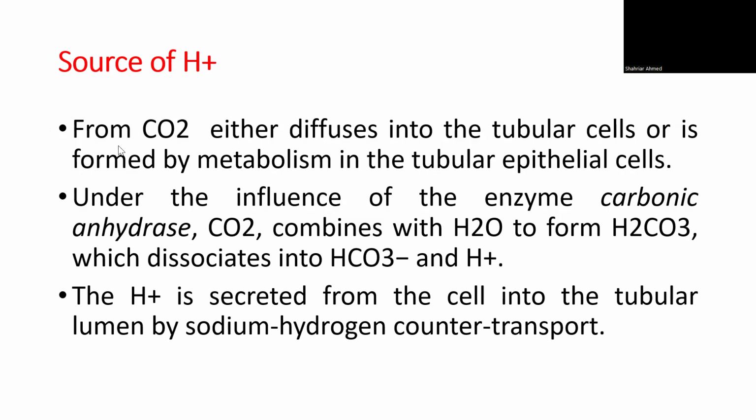I have discussed carbon dioxide, which either diffuses into the tubular cell or is formed by metabolism in the tubular epithelial cell. This carbon dioxide reacts with water to form carbonic acid, which dissociates into bicarbonate ion and hydrogen ion. This hydrogen ion is secreted from the cell into the tubular lumen by sodium-hydrogen counter transport.